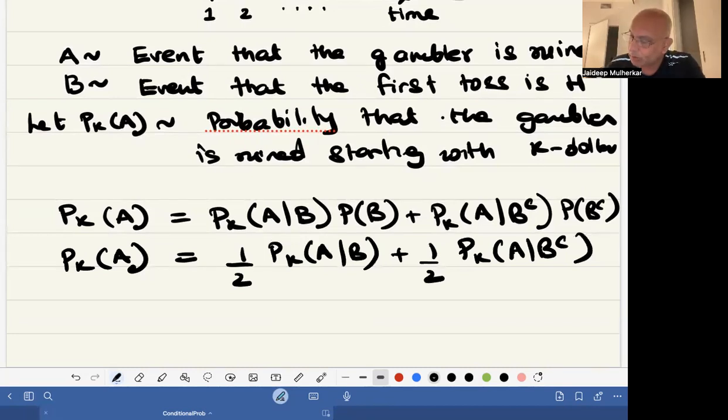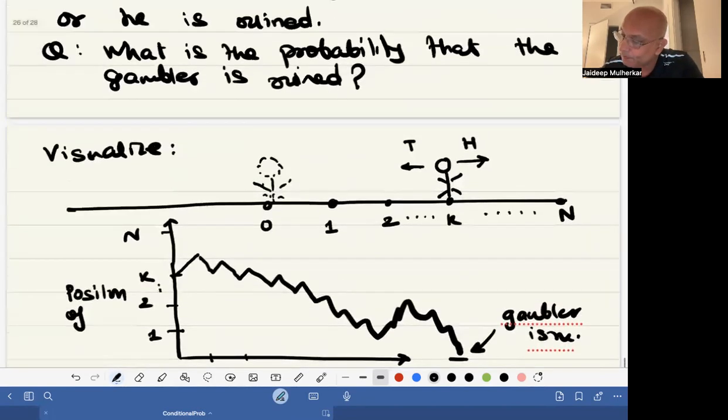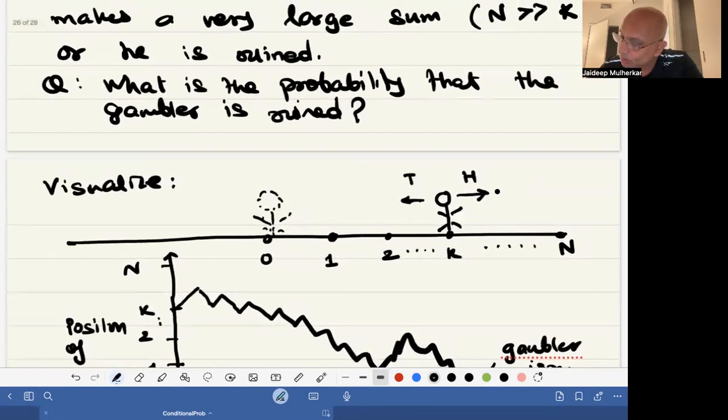This is the probability that the gambler gets ruined starting with K dollars of capital, given that the first toss is a head. But if the first toss is a head, the gambler lands at K plus 1. And now the probability that the gambler is ruined, given that this event has happened, is the same as the probability that the gambler is ruined starting with K plus $1 of capital.